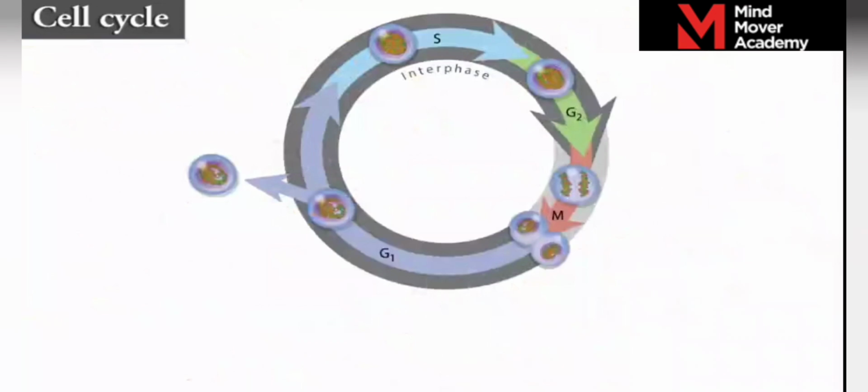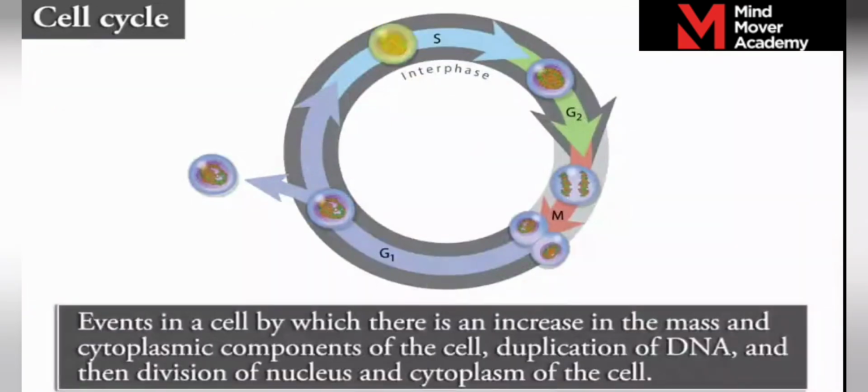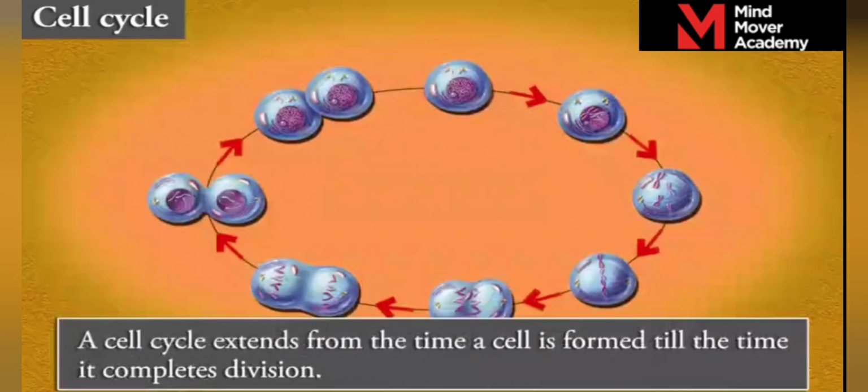A cell cycle may be defined as the events in a cell by which there is an increase in the mass and cytoplasmic components of the cell, duplication of DNA, and then division of nucleus and cytoplasm of the cell. Thus, a cell cycle extends from the time a cell is formed till the time it completes division.